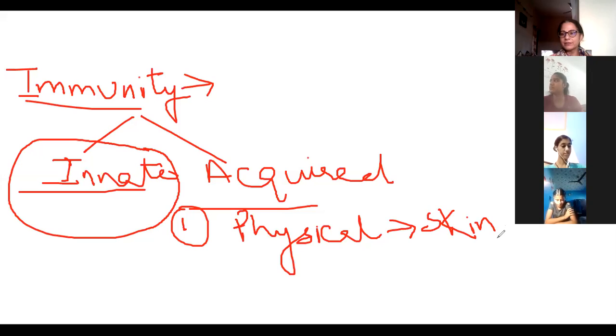Mucus is present where? In which part of the body? Respiratory tract. Epithelial lining of respiratory system. And any other part of the human body where this mucus lining is present?